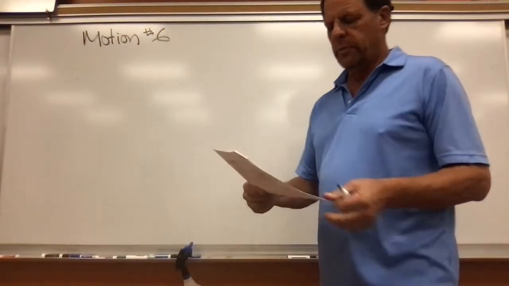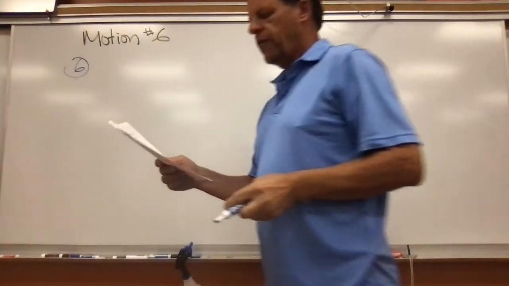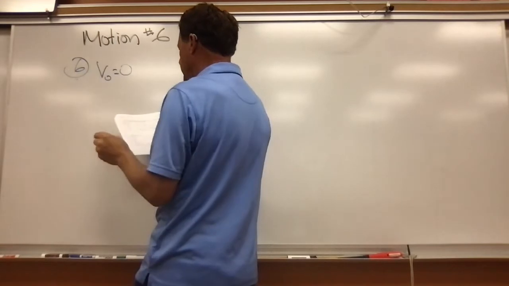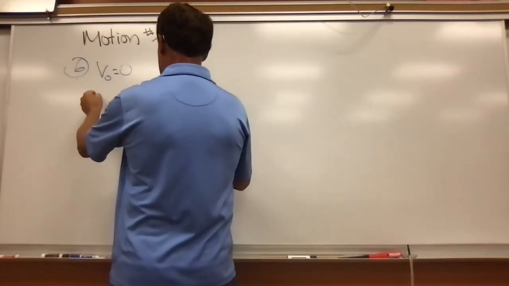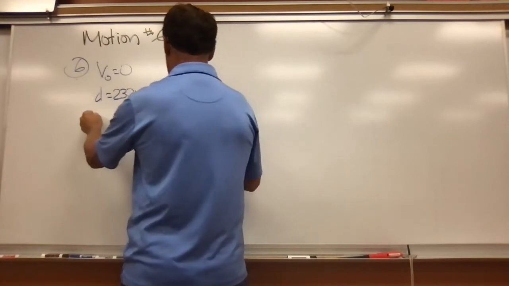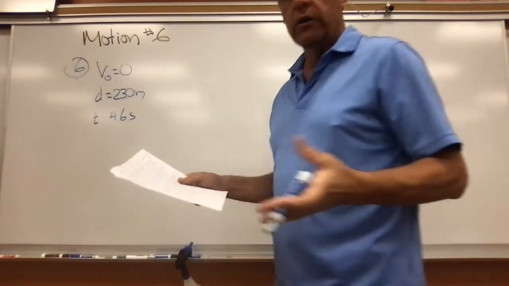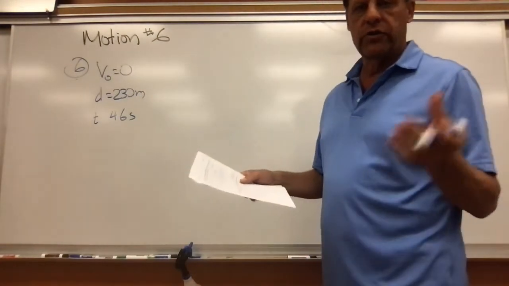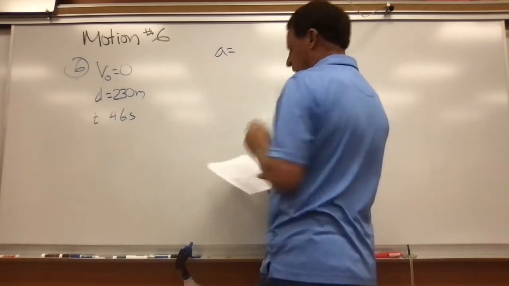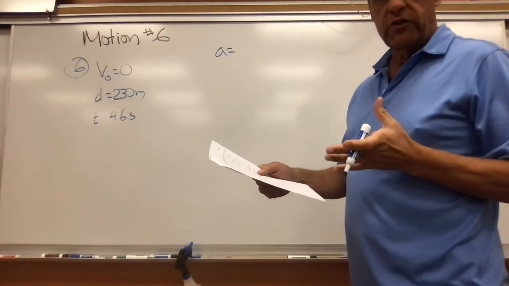All right, ladies and gentlemen, here is problem number 6. Okay, from a stop, so we have an initial velocity that's equal to 0. A skateboarder covers a distance of 230 meters in a time of 46 seconds. Now, ultimately, you guys were looking for the acceleration, but we know that the acceleration is going to be equal to the change in velocity over time.